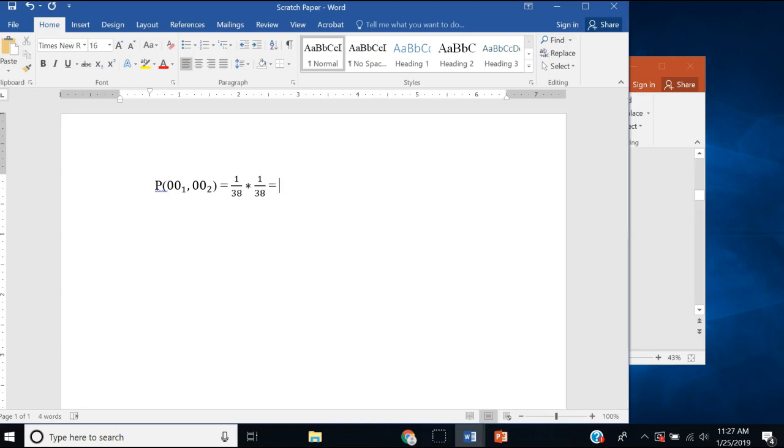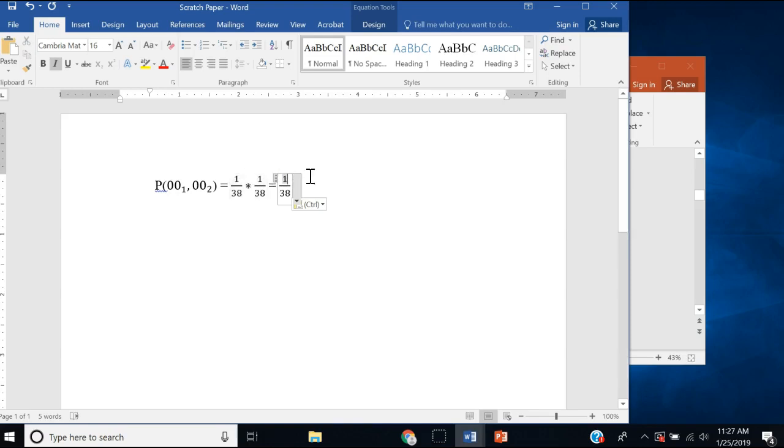So now we know that the probability of the first thing is 1 in 38. Probability of the second thing is 1 in 38. We know they're independent, so the probability of both things happening is just the product of those two fractions. So we multiply the fractions.